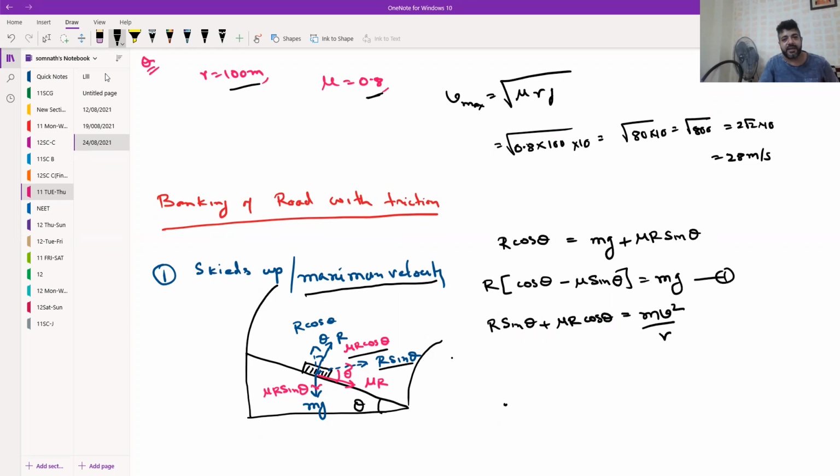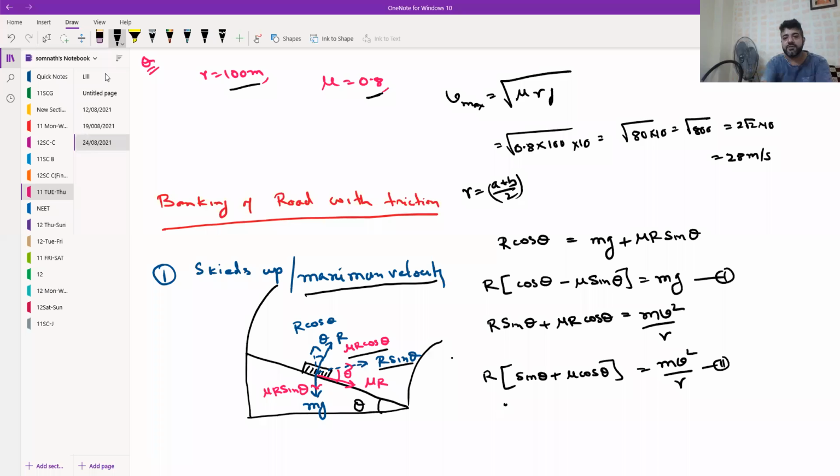R is the radius of the track. I think all of you know the radius of the track is inner radius plus outer radius by 2. So if we take R common, we have sin theta plus mu cos theta equals m v square by r.